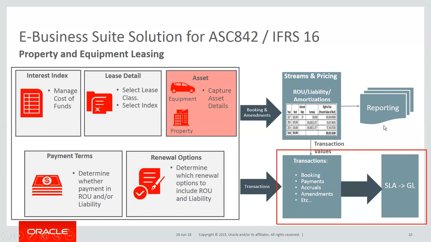Till reporting, this was all part of phase 1. We provided the infrastructure, we provided a way to do all the calculations, and we provided a way to report these calculations to the end users. The red box is part of phase 2, where we are actually enabling the accounting for it.